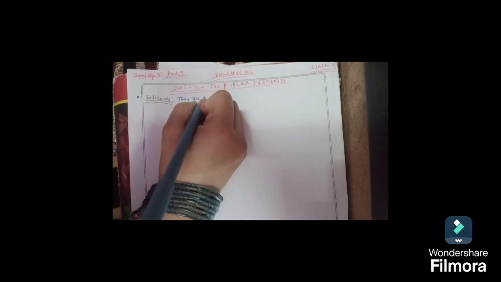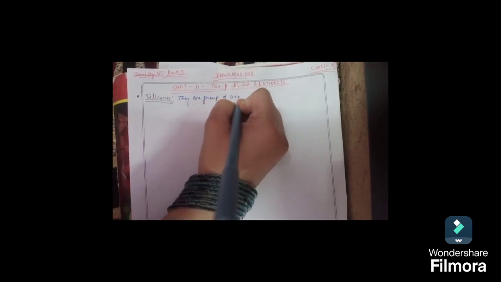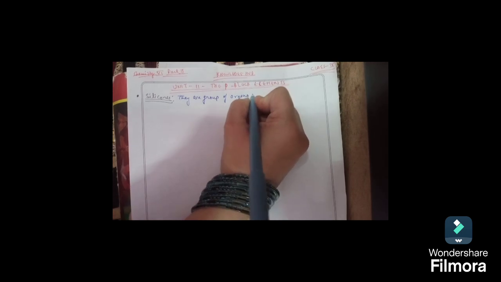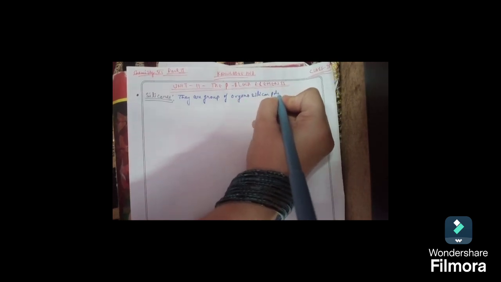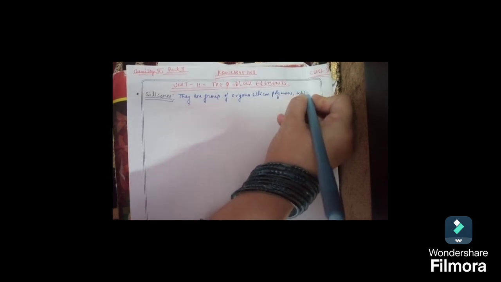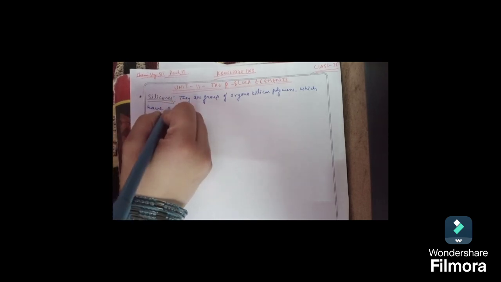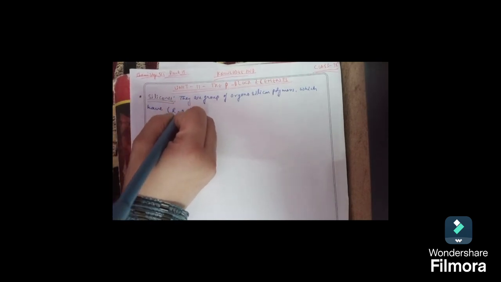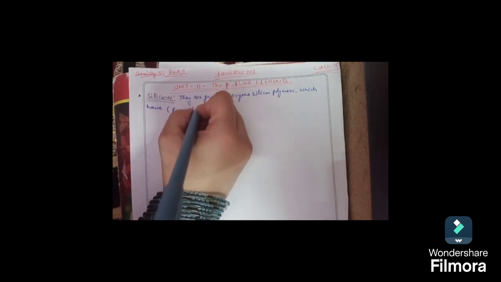They are a group of organosilicon polymers which have R2SiO as a repeating unit.